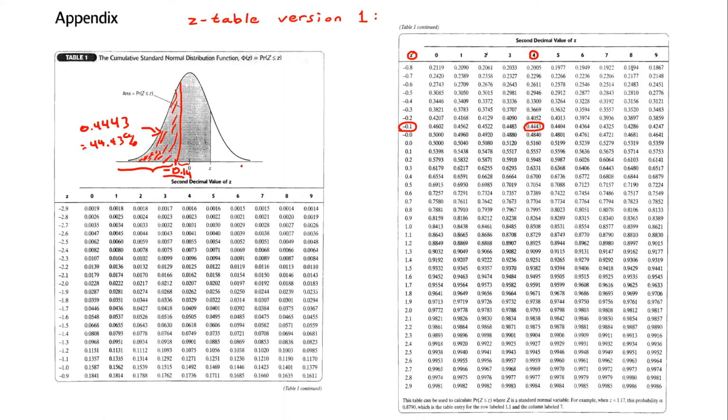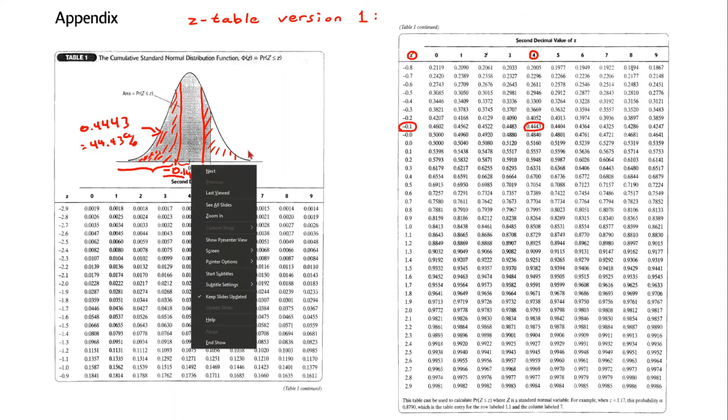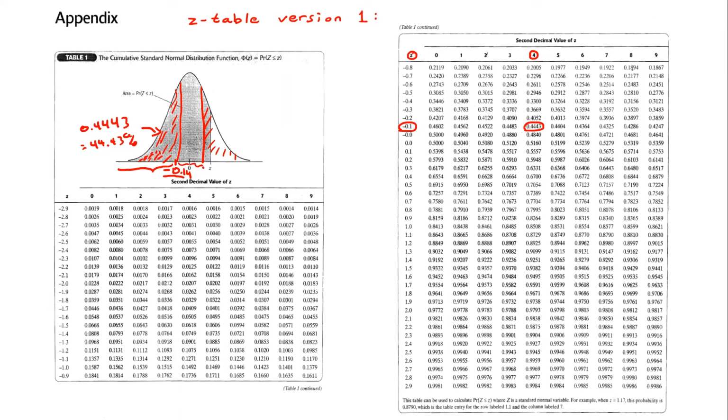Okay? But remember that we have a two-sided test, right? The way we can find the probability in the right tail is to use symmetry. We know that this 44.43% probability is the same as if we go to the right with plus 0.14 and find the tail probability.